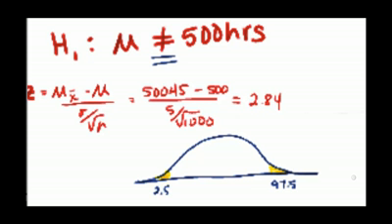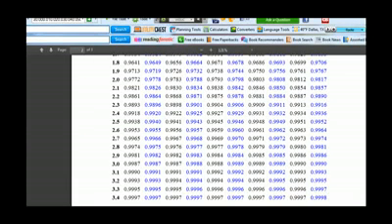Proportions, percentages, whatever makes you happy. Alright? So what we need to do is we need to convert that into a z-score. So come over here and we look up 0.975 is right here, and it should be 1.96 if I remember correctly.